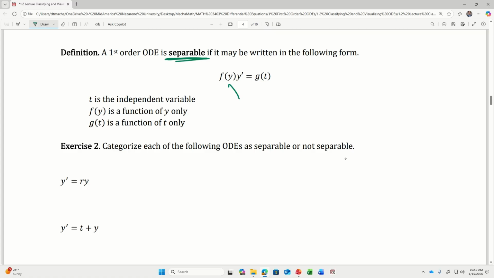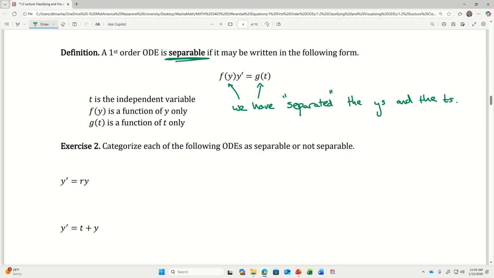So this is separable because we have separated the y's and the t's. The left side of my equation has only y's and the right side of my equation has only t's. And it has to be written in that form.